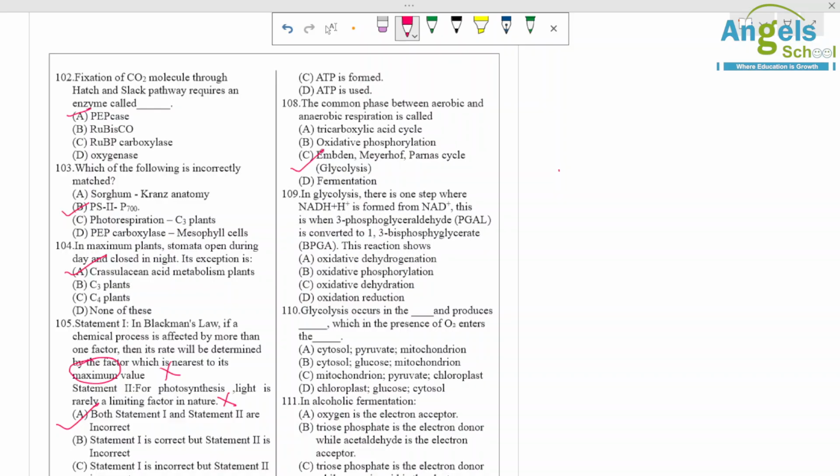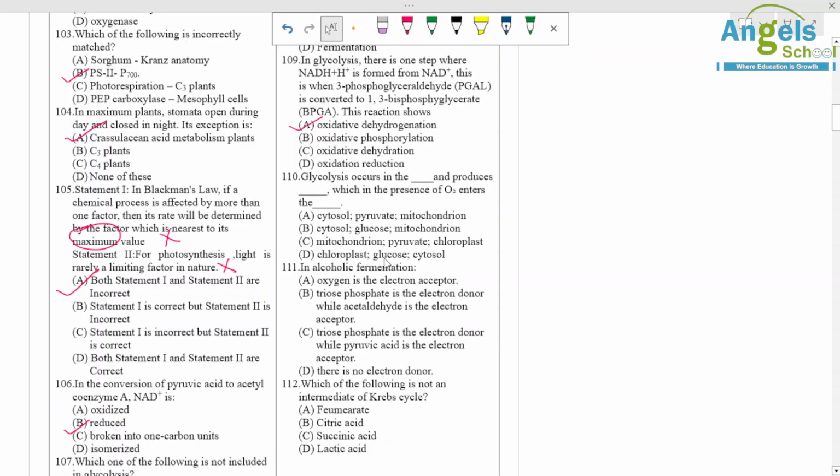This reaction is shown as: oxidative dehydrogenation, oxidative phosphorylation, oxidative dehydration, or oxidative reduction. In this reaction, oxidative dehydrogenation takes place and NADH2 is formed. The reaction is known as oxidative dehydrogenation.